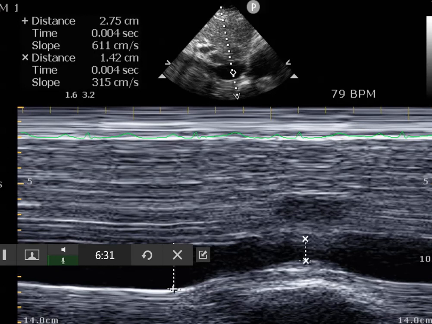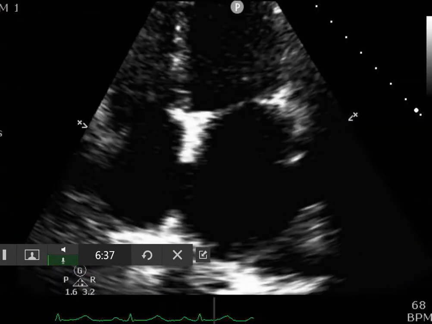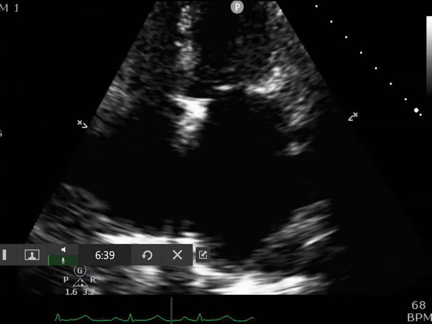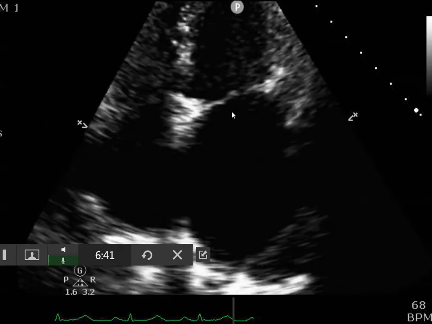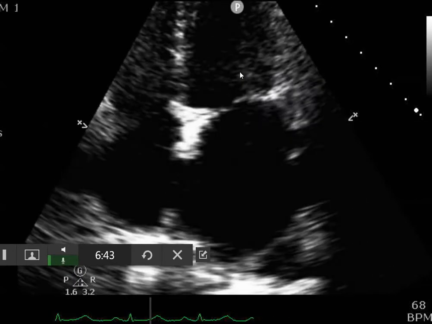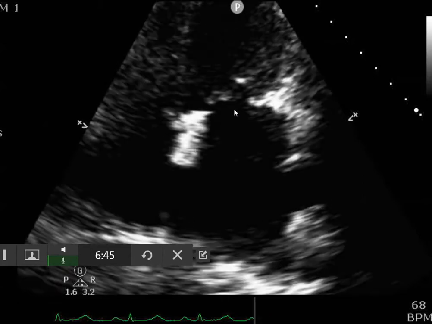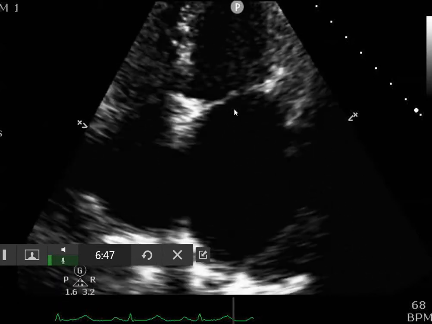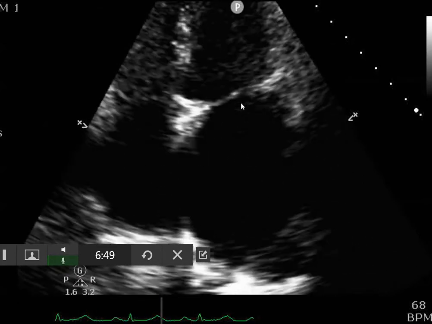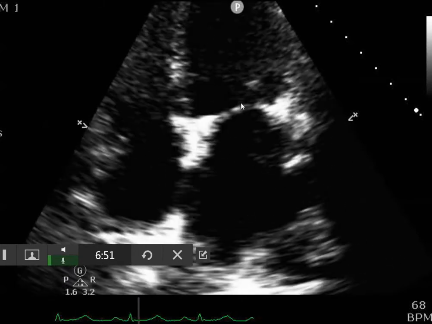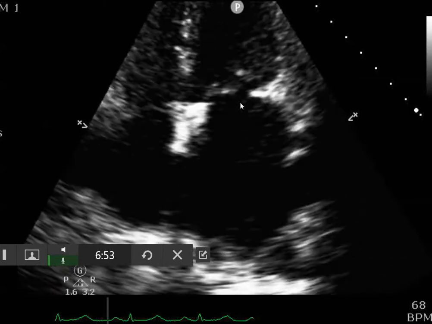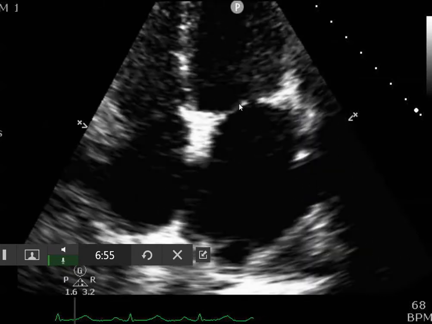And one other thing that may be of use when you're doing a mitral stenosis study is to do a PW here, not at the mitral valve tip, but at the mitral annulus. The reason is that we can use this mitral inflow in the continuity equation to get your MVA.